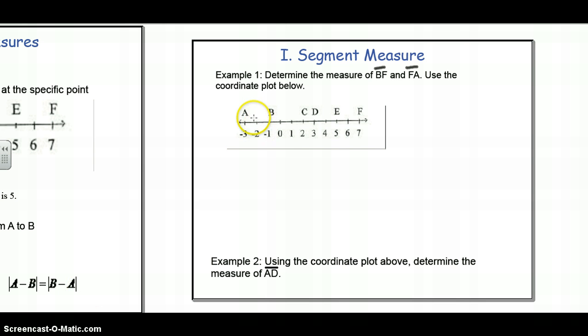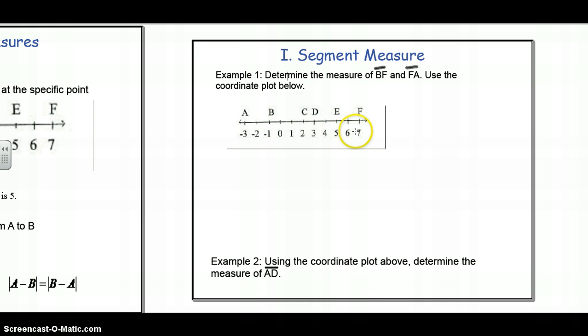So the answer is, if we count from B to F, we see that there are 1, 2, 3, 4, 5, 6, 7, 8. There are 8 marks. Or we could just find the absolute value of 7 minus -1, which is 8.